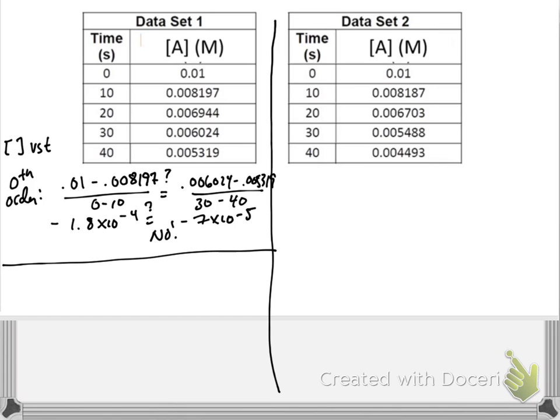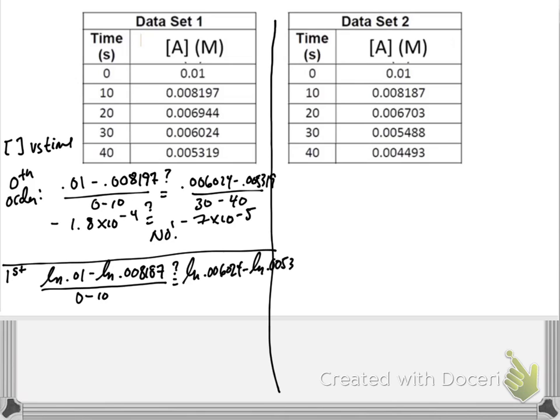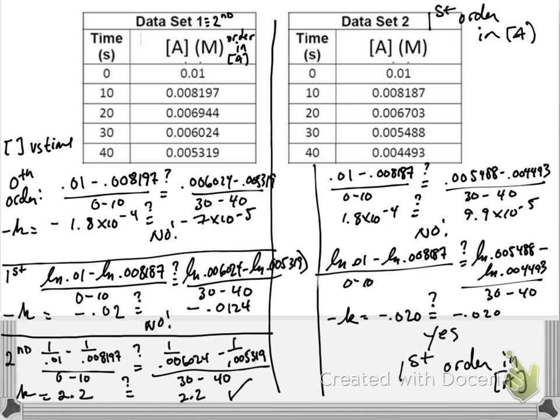If we do the first order analysis, that's asking is the slope of the ln, the natural logarithm of concentration, constant over time? We take the first 2 points and the last 2 points. And when we look at the slope at the beginning and at the end, we say no, it's not first order.